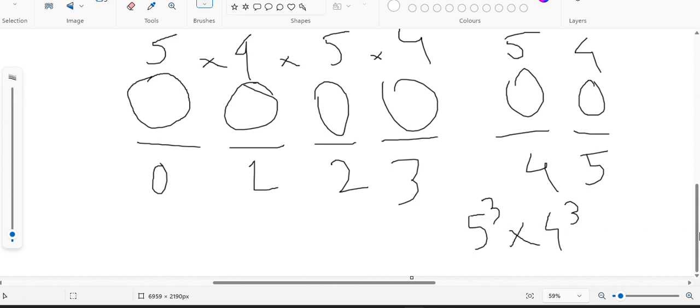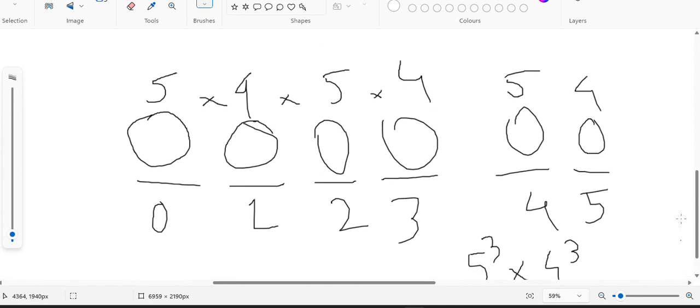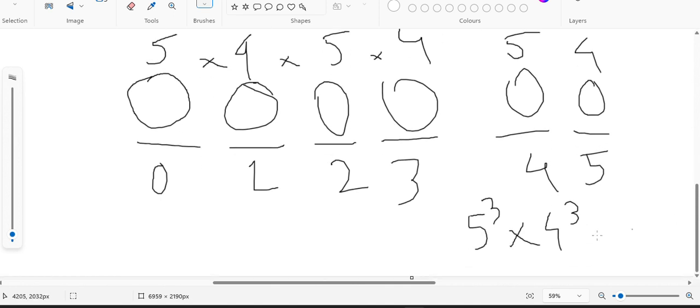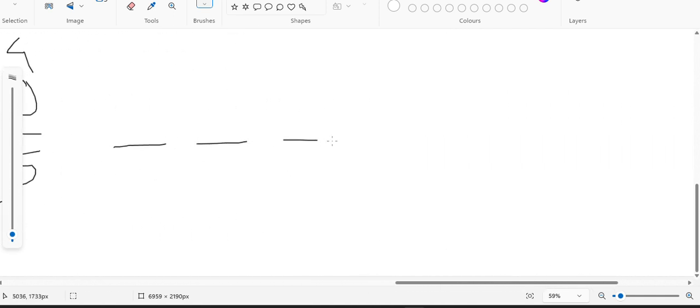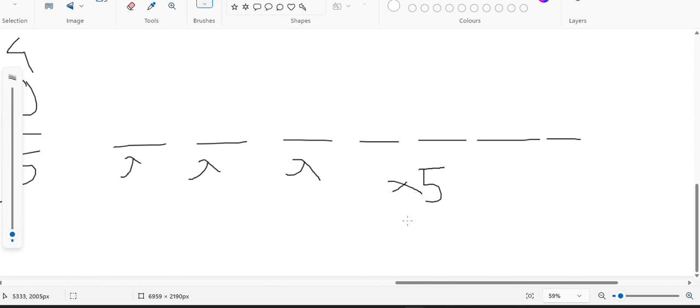Okay, can we arrive at some formula? If n is given and we iterate from 0 to n minus 1, getting all the indices, and multiply: if it is an even index, multiply it with 5, if it is an odd index, multiply it with 4.